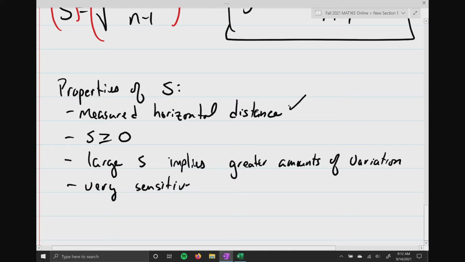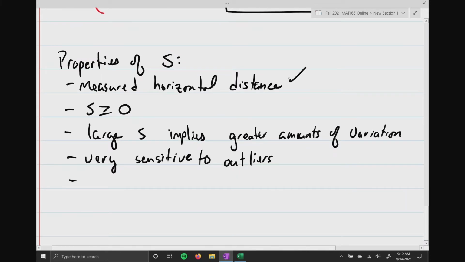If you think about it, the mean is extremely sensitive to outliers. So the standard deviation, which includes the mean in its calculations, will also be very sensitive to outliers. It will have the same units as the mean. So if the mean is measured in pounds, then the standard deviation would be measured in pounds as well.